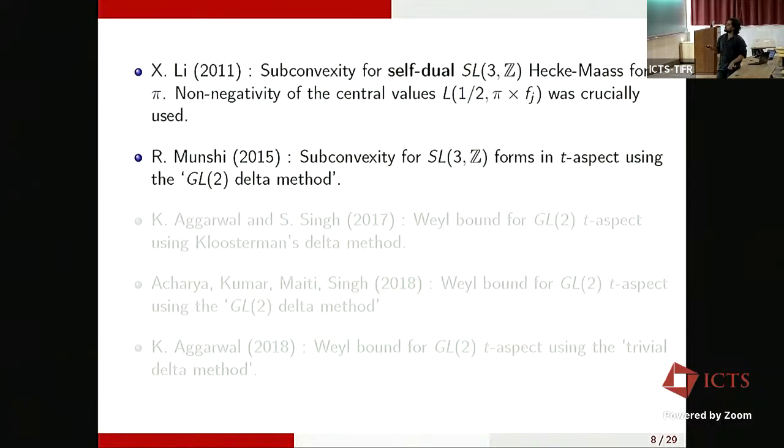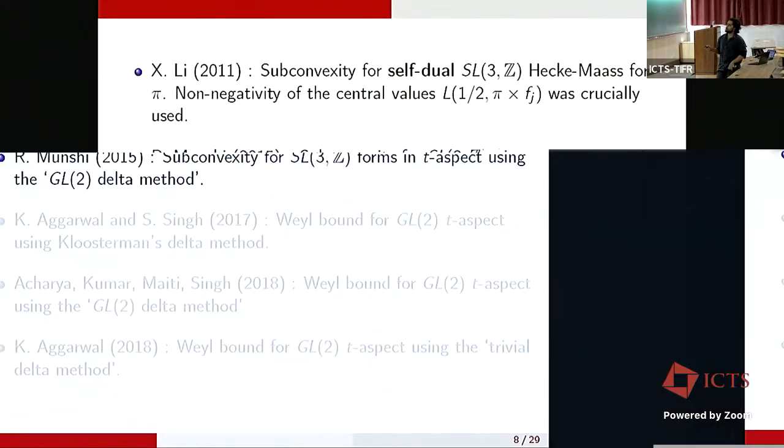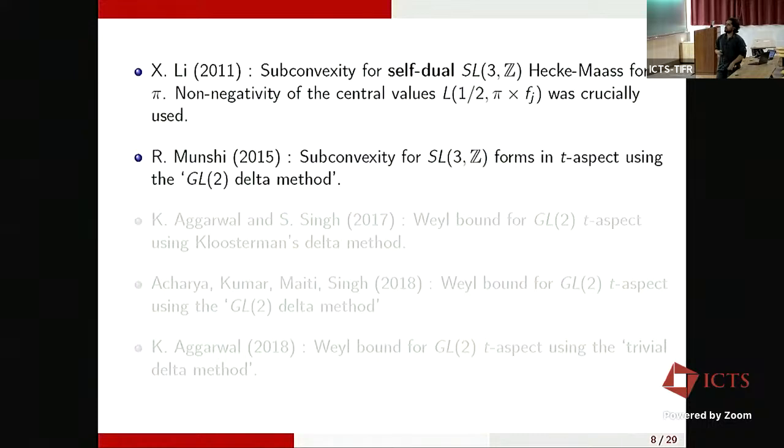Using the delta method, he was able to obtain subconvexity for general SL3 Maass forms. So there are no such assumptions in this case. In this, he used what is called the GL2 delta method. This is basically using the GL2 harmonics coming from the Petersson trace formula as a delta symbol.